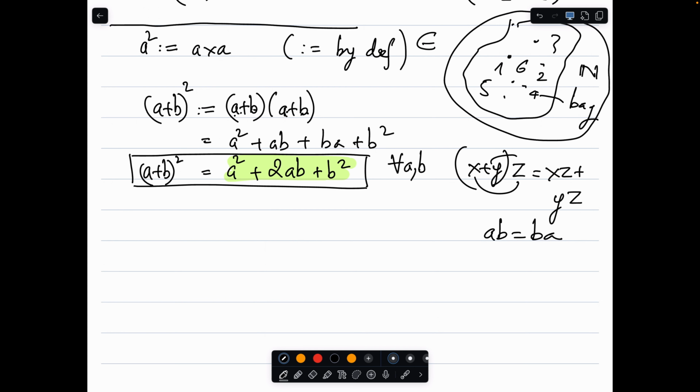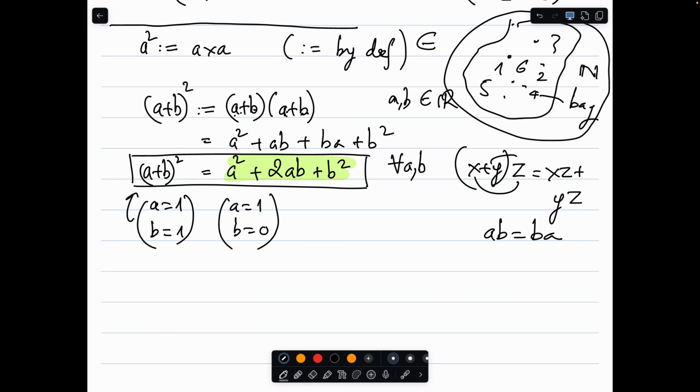Okay, a and b are real numbers. You put any a and b and it is always correct. I can put a is 1, b is 1, I can put a is 1, b is 0, whatever, it is always correct.